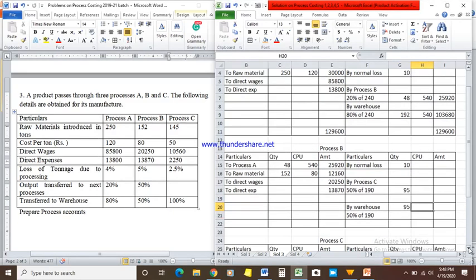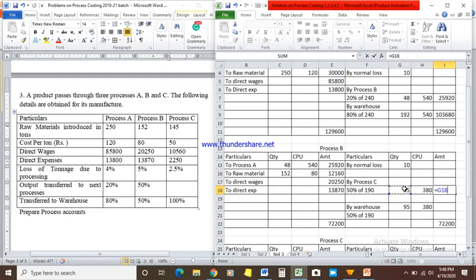Now what's the cost of this again? So again I'll just take the total. I'll write the same total, 72,200. So this 72,200 is divided by the good number of units, that is 190 tons. So we get 380. The same 380 is mentioned here, 380.